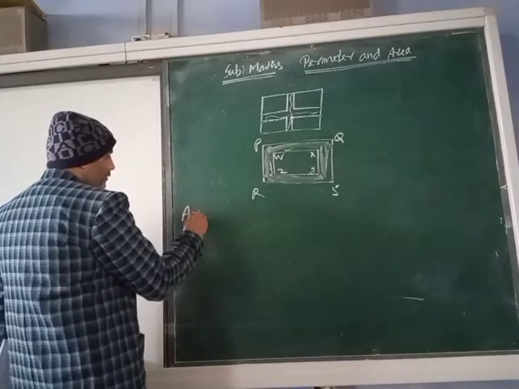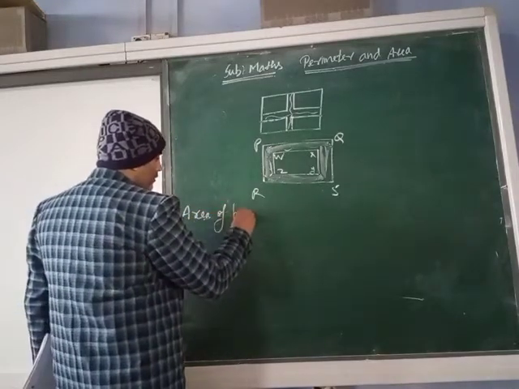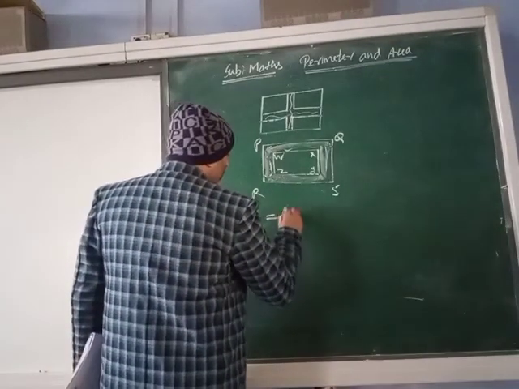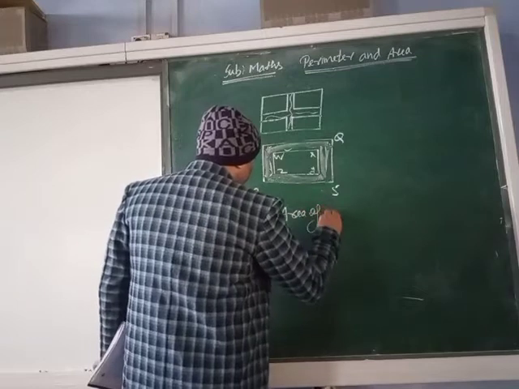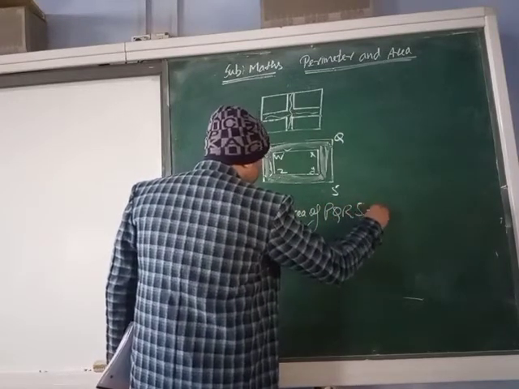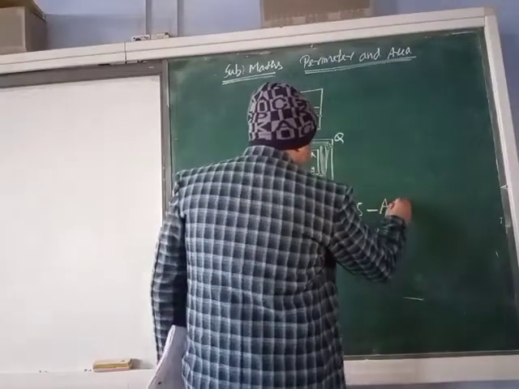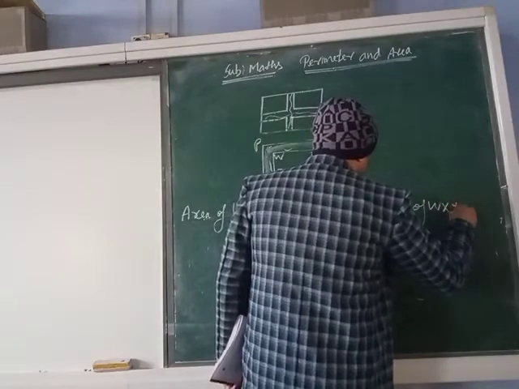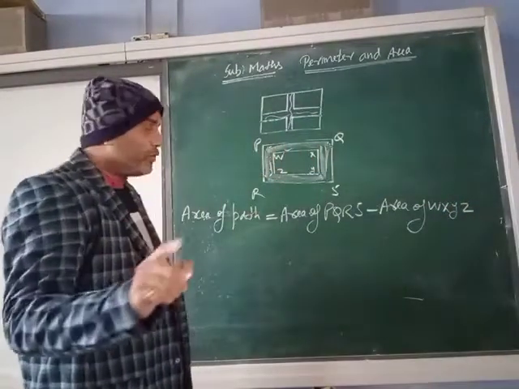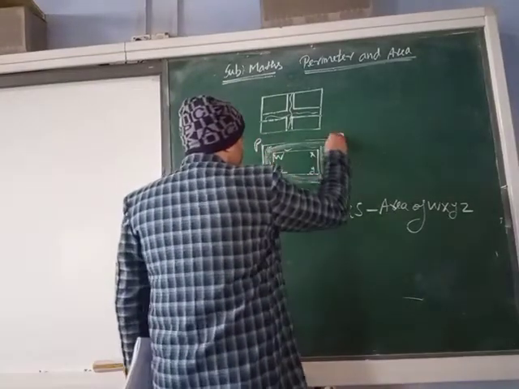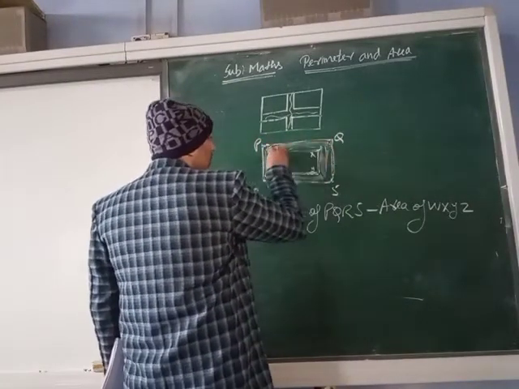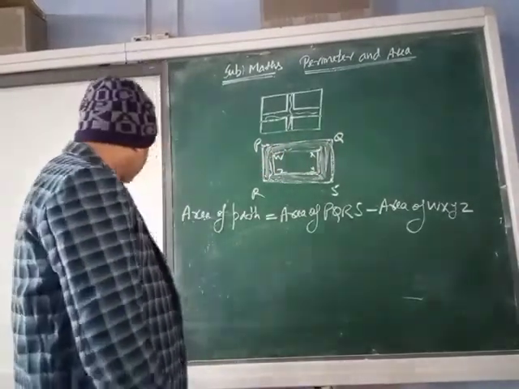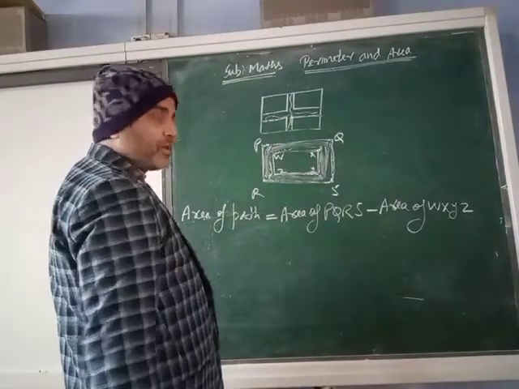Means area of path is equal to area PQRS minus area WXYZ. First you will find the area of this rectangle, and then the area of this inner one. Then you will find the area of this shaded region. So we will solve some questions like this.